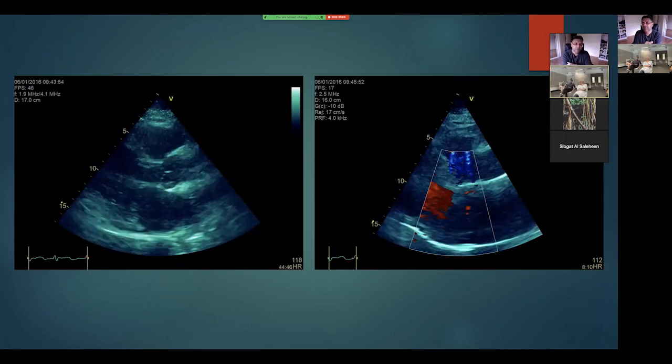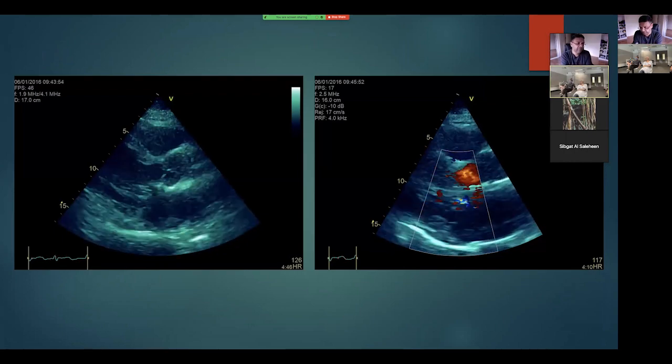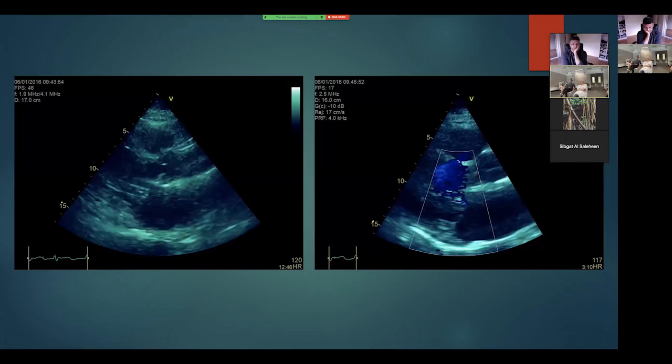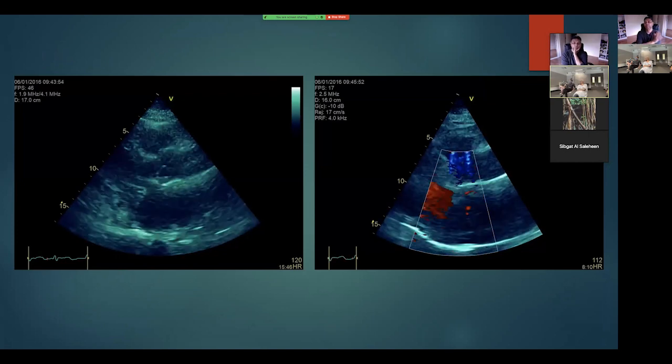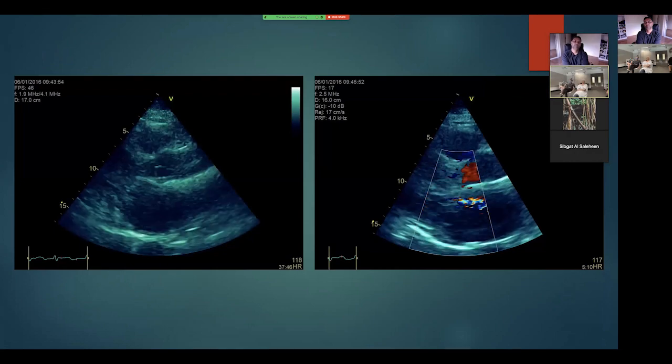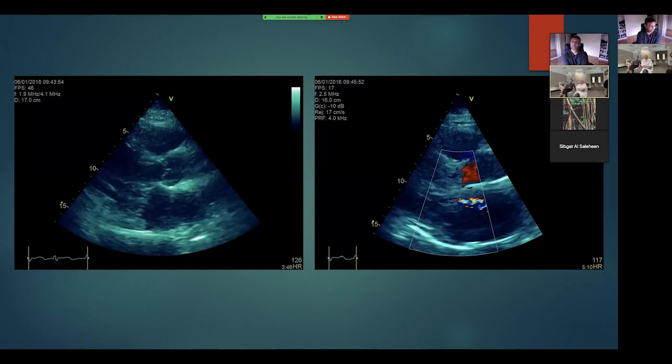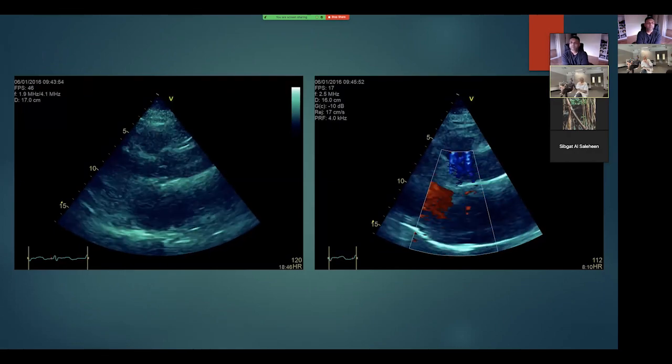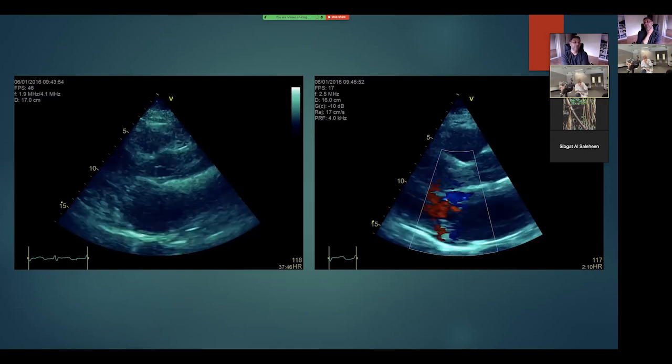And by the way, all these cases are from Sam's library. So thanks, Sam. Okay, so if we just talk about the mitral valve. No, let's talk about everything. Oh, all right.